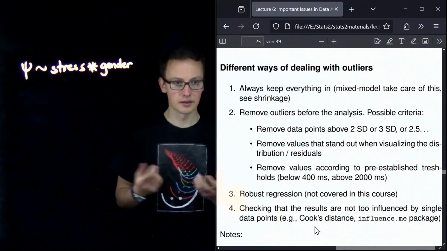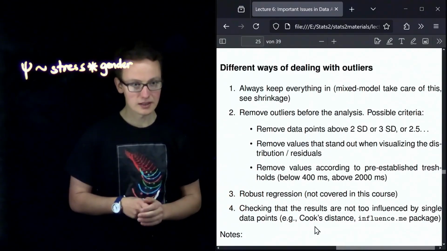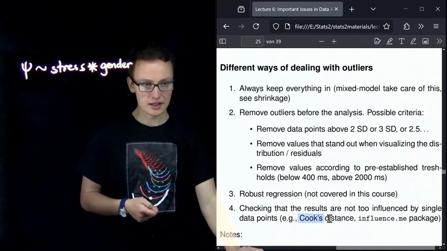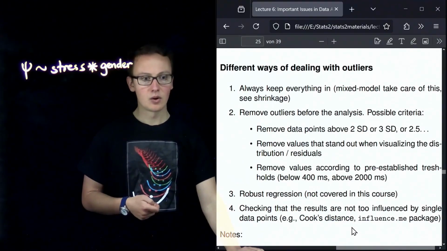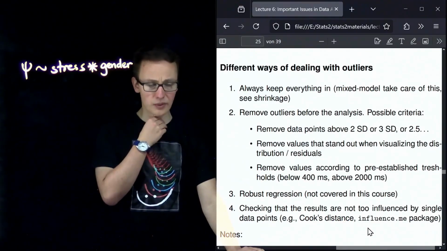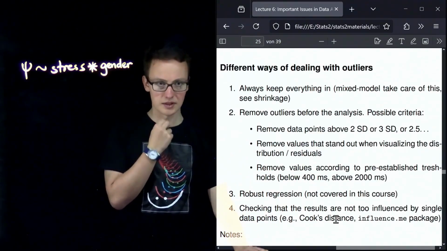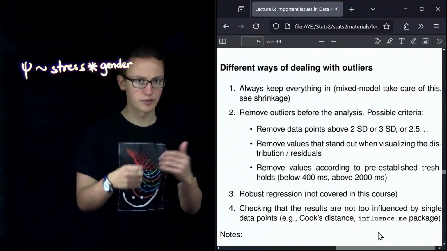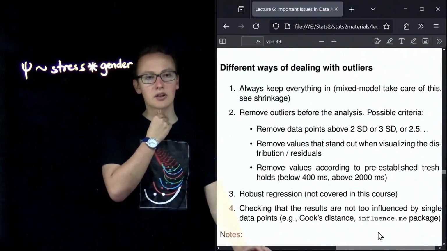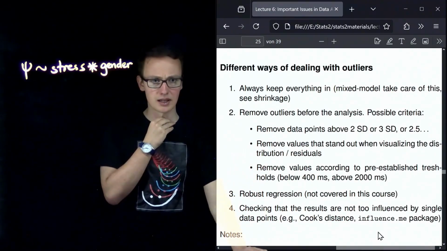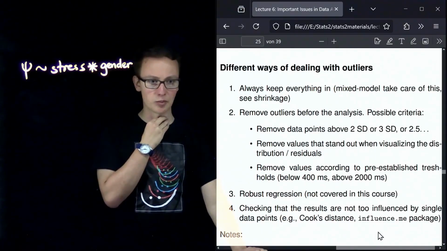And the metrics we're going to look at are either Cook's distance, or also there's this influence.ME package, which includes Cook's distance as well, but is also suitable for mixed models, and also some other metrics like DFBETAs, which we're going to look at in a moment.